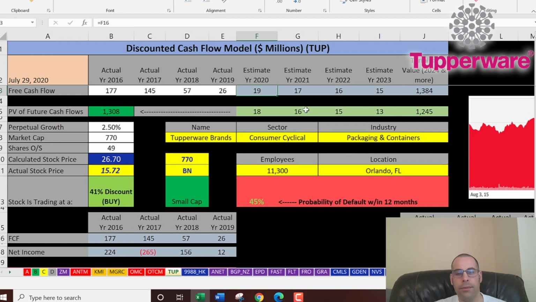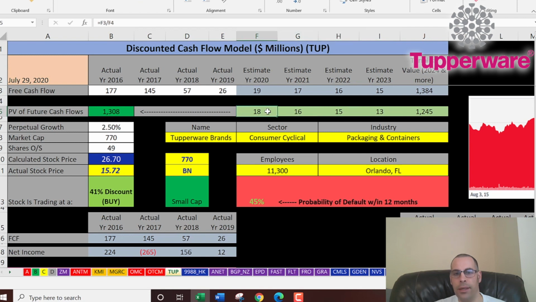So the estimate for the future free cash flows for 4 years is up here: 19, 17, 16, and 15 million. That's based off of the prior financial information. We also estimated a terminal value, which is all years past year 4. That's $1.4 billion. Then we discounted those numbers back to today using the weighted average cost of capital.